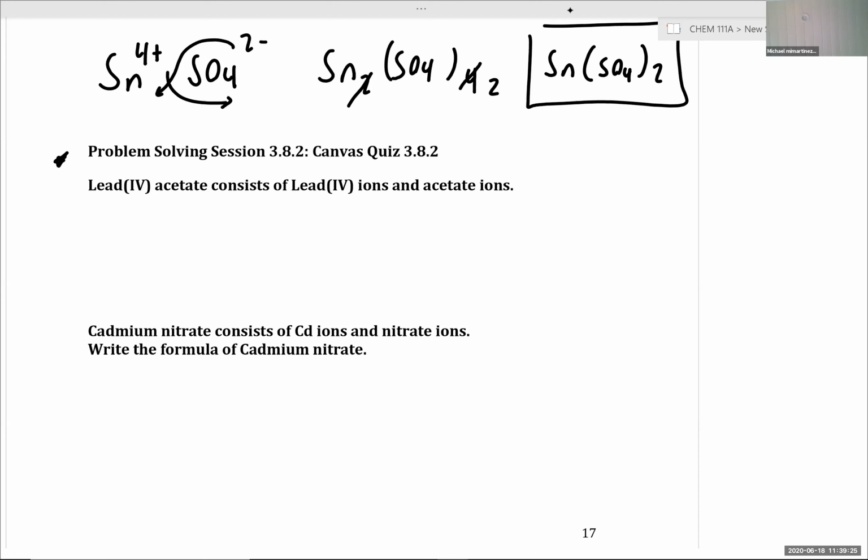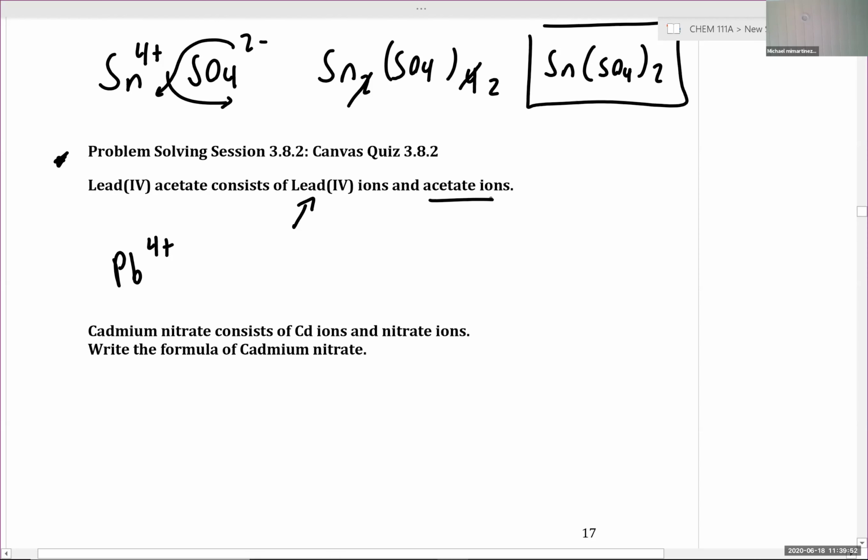Okay, so I see a lot of reasonable responses so far. So let's discuss this next problem. Lead 4 acetate. So lead 4, what is the charge of lead in this case? Four plus, so we have lead 4 plus.